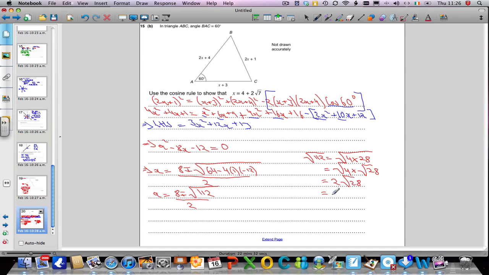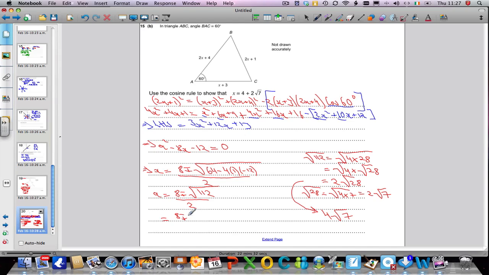Root 28 actually, let's do that here. Root 28 is equal to root 4 times 7, which equals 2 root 7. So we got 2 times 2 root 7, which is equal to 4 root 7.